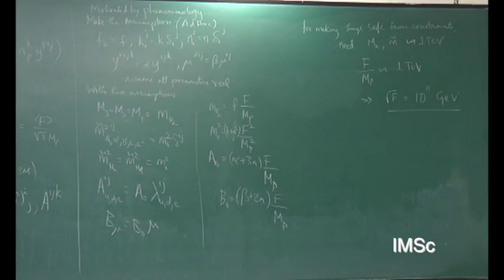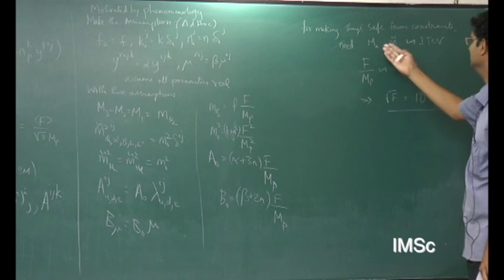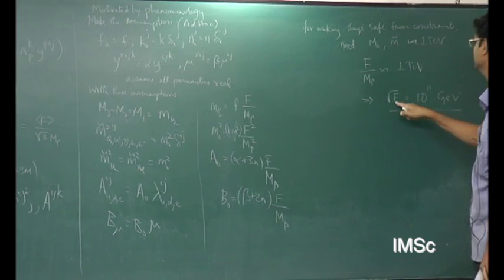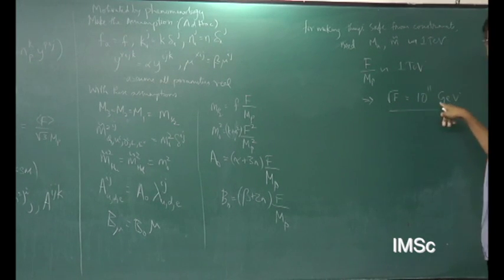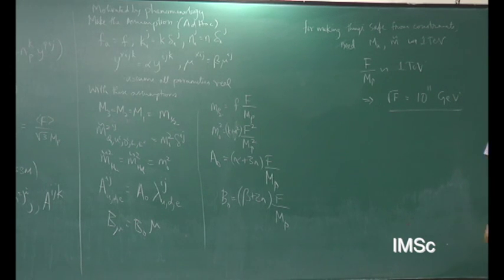F has dimensions of GeV squared, mass dimension 2, and this is root F. So if you want F over M Planck, all of these masses, to be of the order of a TeV, the SUSY breaking F that you need is 10 to the 11 GeV squared. So you can roughly think of this as SUSY breaking dynamics happening at 10 to the 11 GeV. So that's what gravity mediation needs from the relations that we have seen.